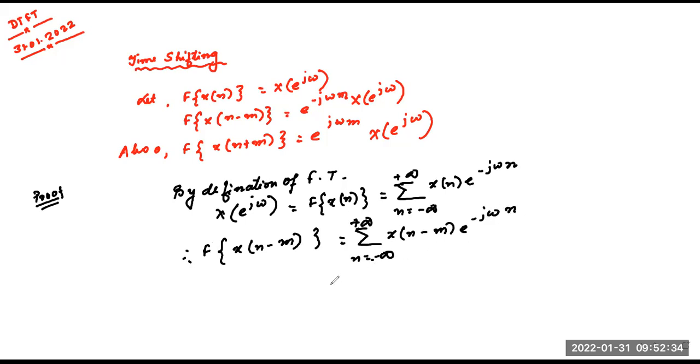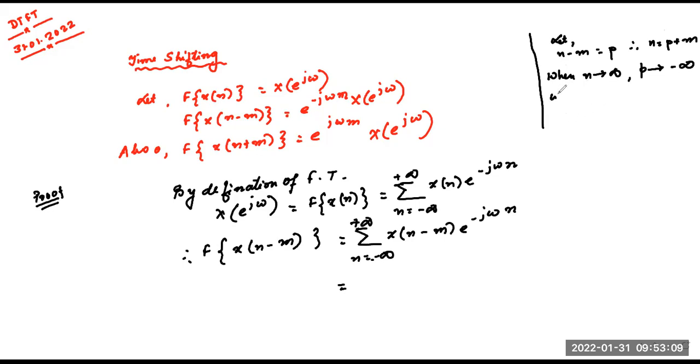If I change the limit, let n minus m equal p, okay? That implies n equals p plus m, no problem. So when n tends to minus infinity, p tends to minus infinity.